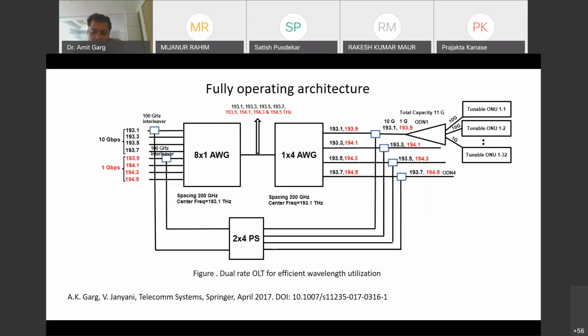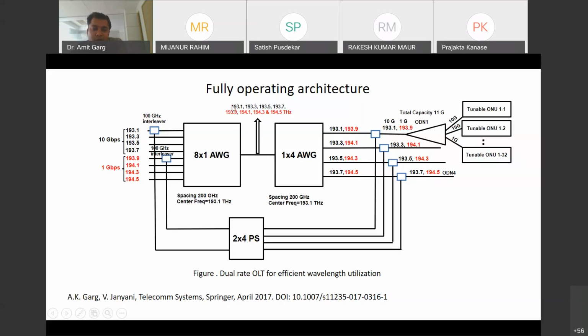Okay, so I'll just skip. Yes, so this one. So here 193.1, 193.3, 193.5, 193.7, these 4 wavelengths are transmitted at 10 Gbps, and 193.9, 194.1, 194.3 and 194.5, these are transmitted at 1 Gbps. Okay, so if these wavelengths are transmitting in this way, then at this point we are getting these wavelengths multiplexed.